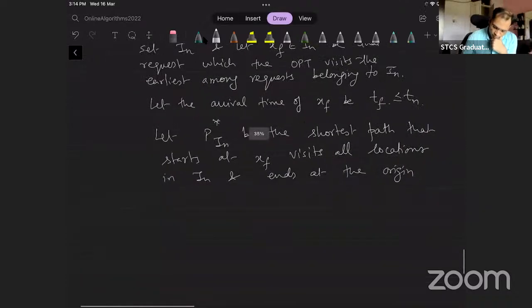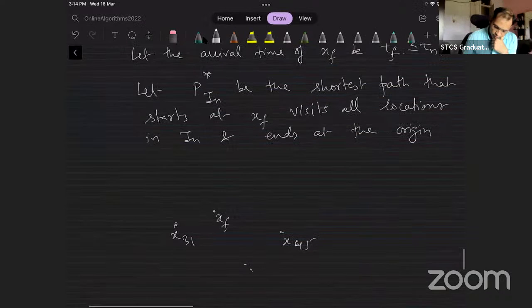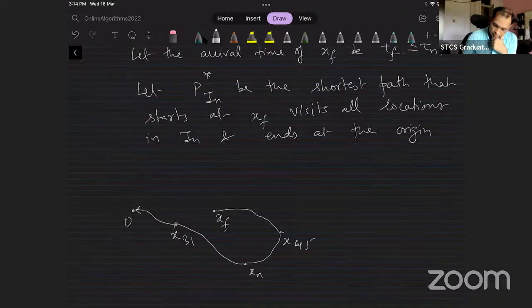So let me draw this again. So XF is some node. There's some other nodes, 31, 45, XN something, and there is some origin. So what is this? This is some path which touches all these things and reaches. And among all such paths, the path with the shortest length is called P of IN star.